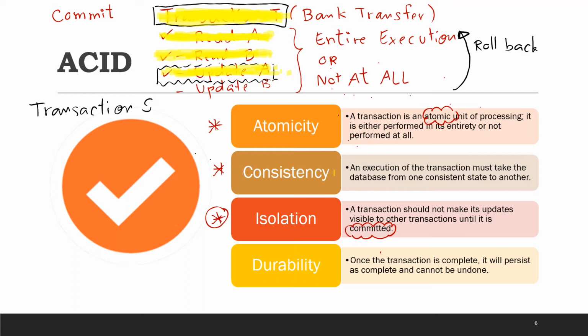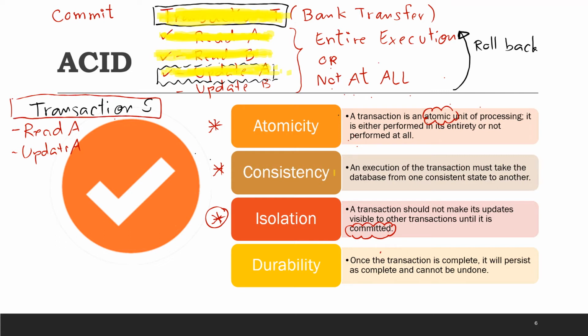Of course, to deposit money to account A, what do I have to do? Definitely, I have to read account A, right? And then I need to update account A with a new balance, right? Okay, so what could be wrong here?